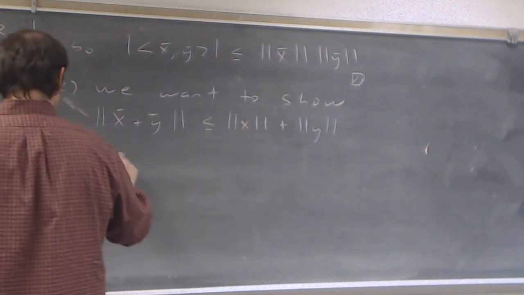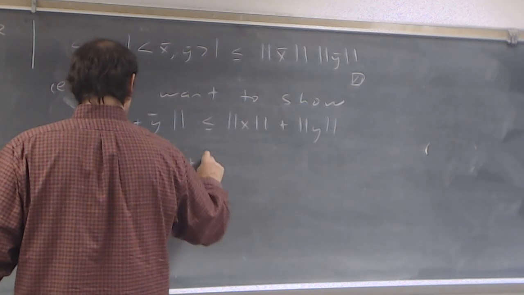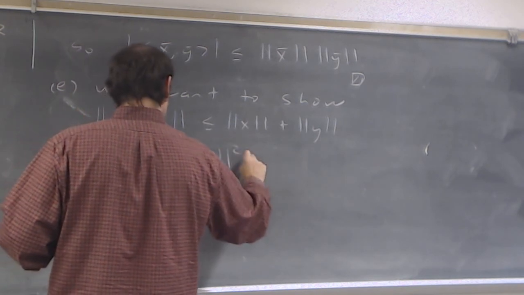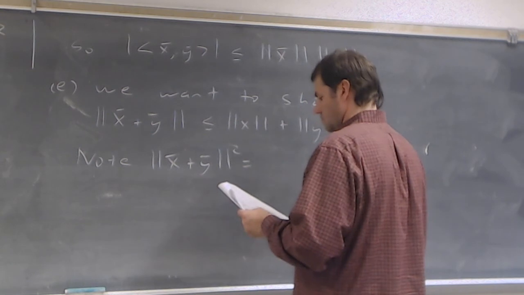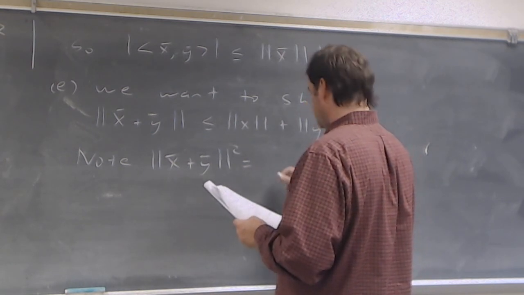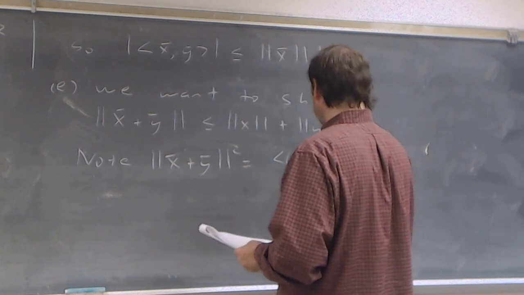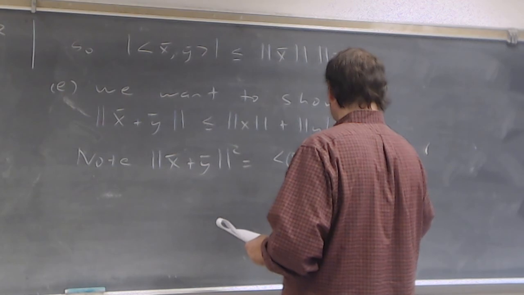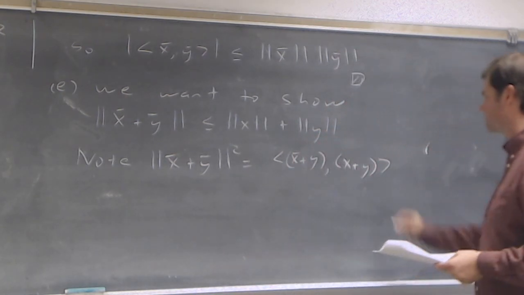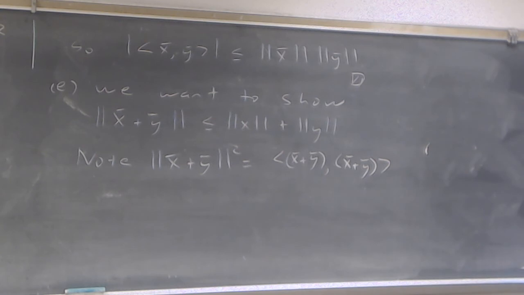We know that the norm of x plus y, squared, is nothing more than the inner product of x plus y with itself, because remember, the norm of a vector was equal to the inner product of that vector with itself raised to the 1/2 power.